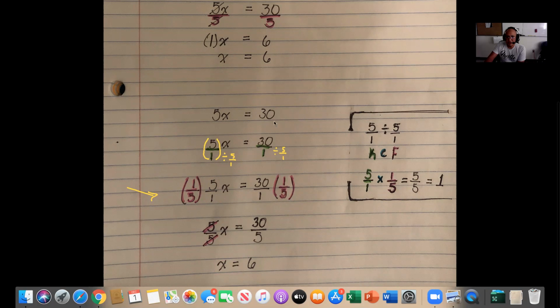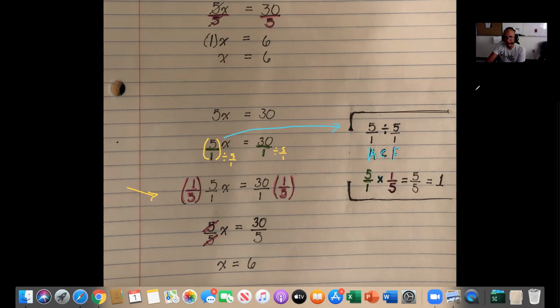And to do that, let's take this 5 over 1, divide it by 5 over 1, because remember, the opposite of multiplication is division. So the opposite of multiplying by 5 over 1 is to divide by 5 over 1. But let's take that and do this over here just to show you what's happening. So notice how I have 5 over 1 divided by 5 over 1. Remember that when we're dividing fractions, we need to follow keep, change, flip, KCF.